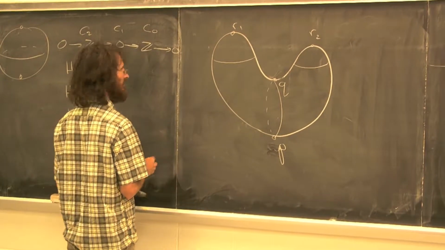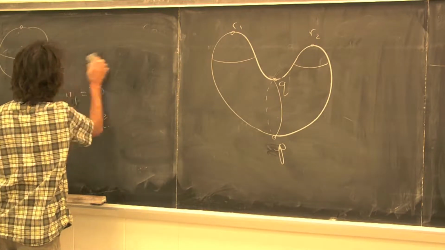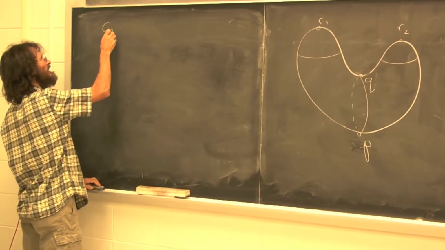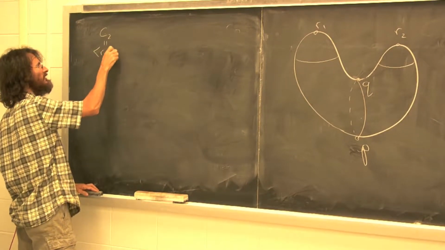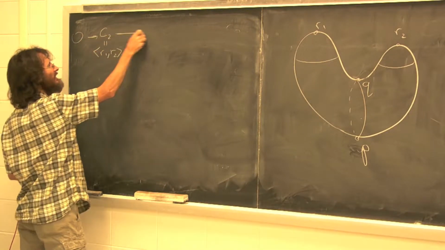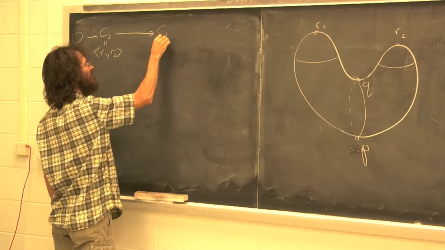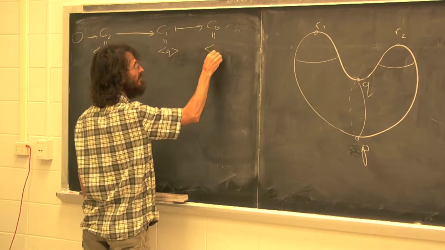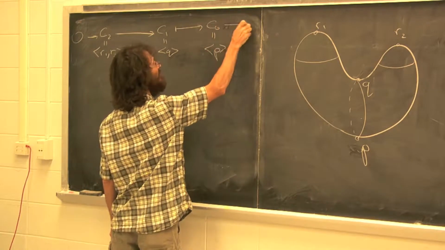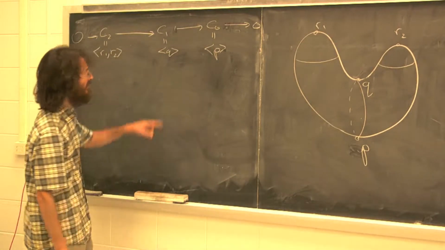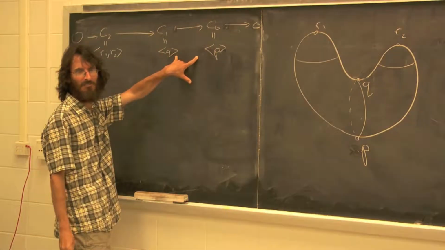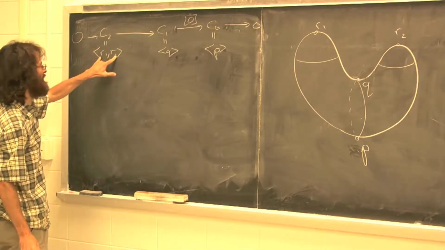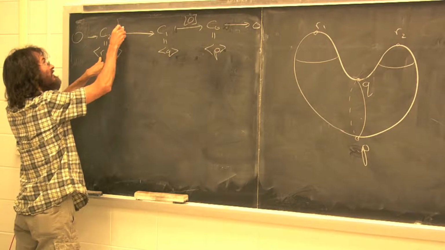So now C2 is generated by R, mapping into C1, which is generated by Q, mapping to C0, which is generated by P, mapping to 0. Actually, let's just write the boundary maps as matrices. This is just the 0 matrix, and this should be a 1 by 2 matrix.